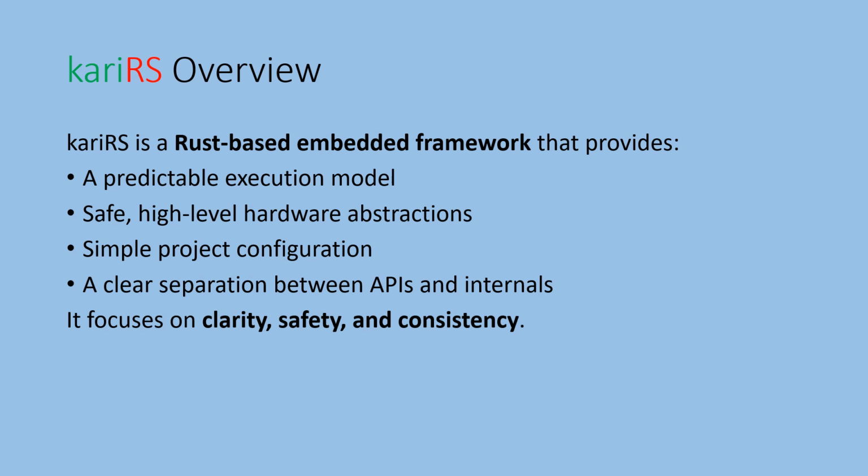If it is digital, you have to initialize it as digital input. You have to say it's an input digital, and if it is an input analog, you have to say it's an input analog. Unlike in other frameworks like Arduino, where you just write output or input, in kariRS you have to be explicit, and this creates a much safer ecosystem when you're writing the code for your embedded.